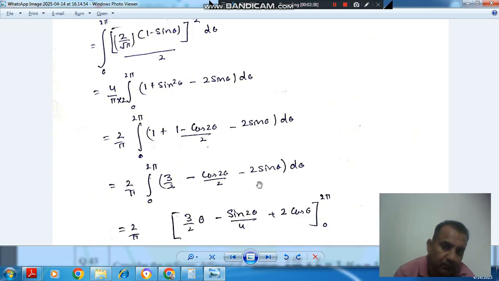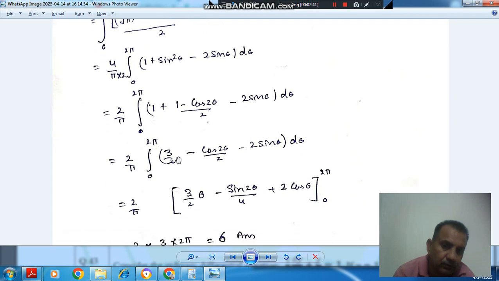So now integrating it, it will be 3/2 θ, and the integration of cos 2θ/2 is sin 2θ/4, and the integration of sin θ is −cos θ, or here a minus is already there, so it will be plus.